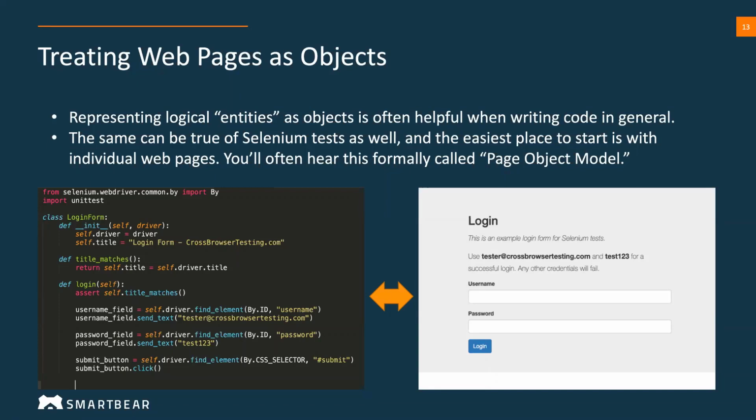A great example of this could be in a basic login form. A login form has some data relevant to the task it's meant to perform, and you can see that over here. We have the title of a page. We have the locators for the elements on that page, the username, password, and submit button. And then we also have the data we'd like to enter into those fields.